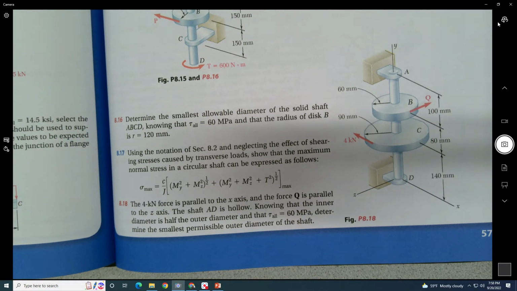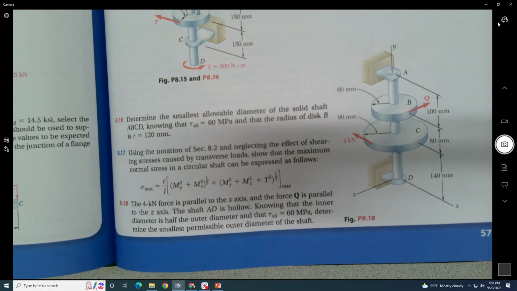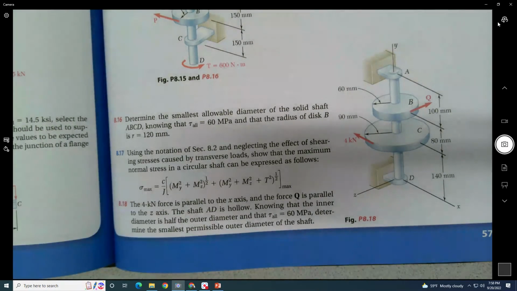It always has a radial element to it, as well as a tangential one.